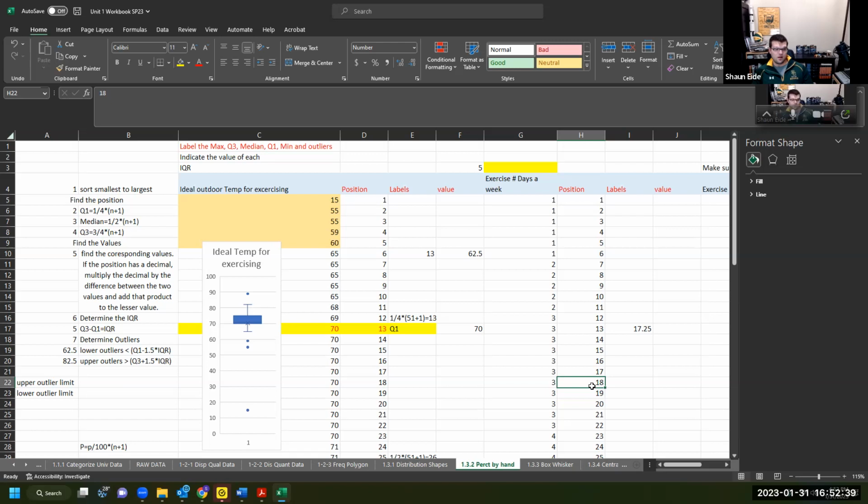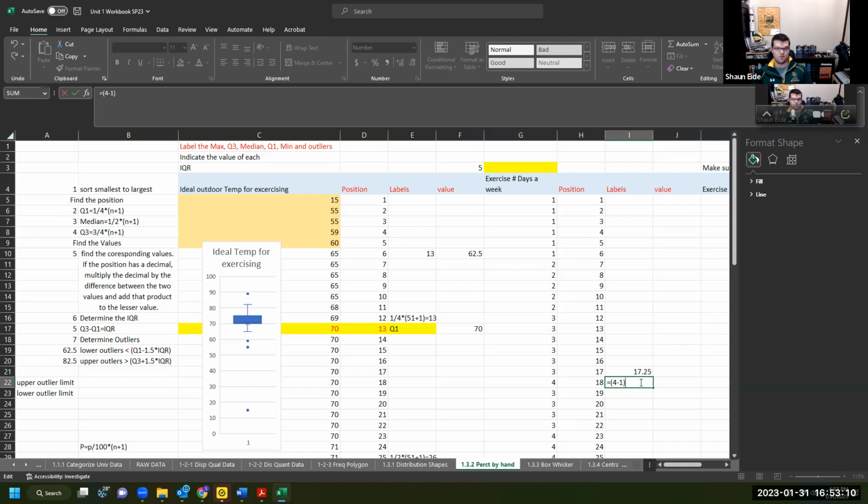Now, with the median in a previous lesson, we talked about how you would take the average of these two. In this case, it's 3 and 3, so it would just be 3. But if this was 3 and 4, you would not just take the average of these two. What you would do is find the difference between these two, so equals 4 minus 3, and then multiply it by whatever that decimal point is.